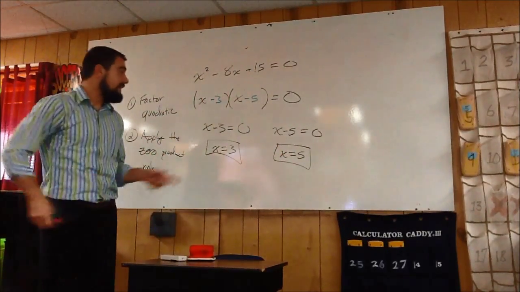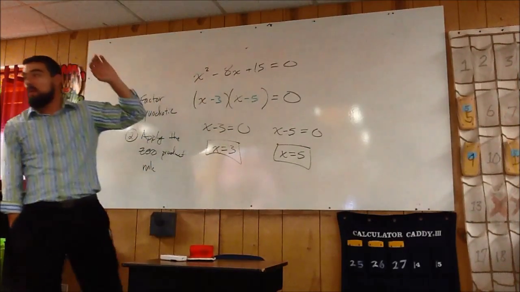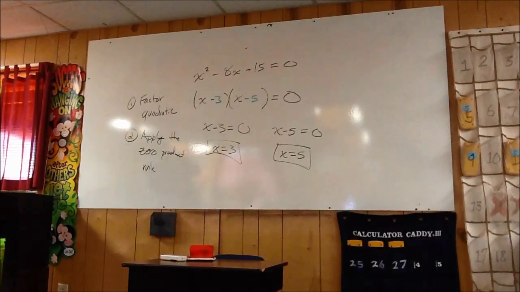Now in your calculator that everyone should have right in front of them, I want you to type this quadratic into your y equals chart. Please type that equation into your y equals chart.